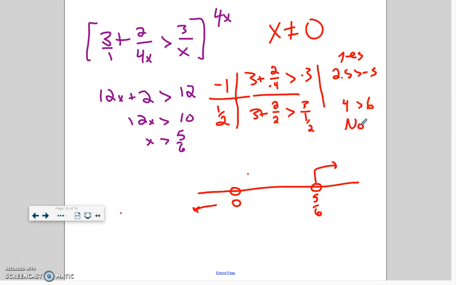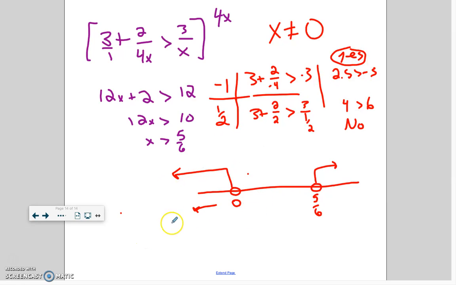We say no. So because you say yes for less than 0, that means that if I plug any value that is less than 0, I'm going to get a true statement. But if I plug anything between 0 and 5/6, my answer is going to be no, as we just found out here. So we make sure that when you say yes, it's going to go that direction.